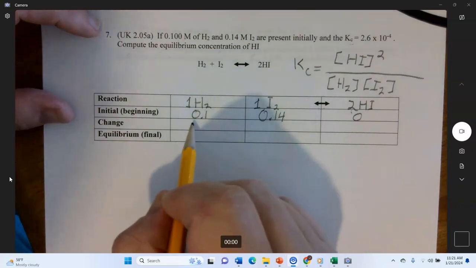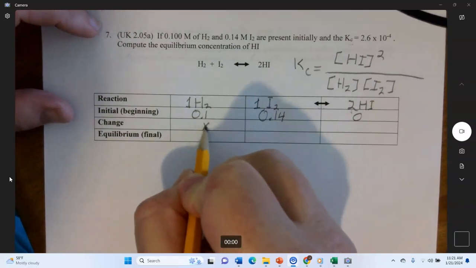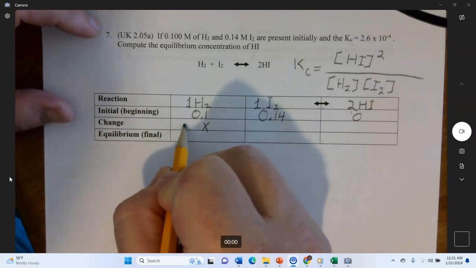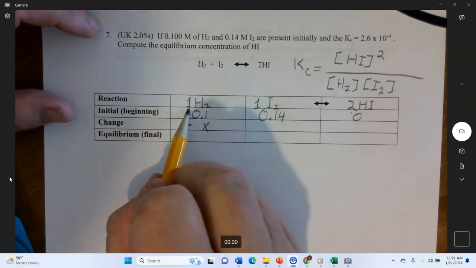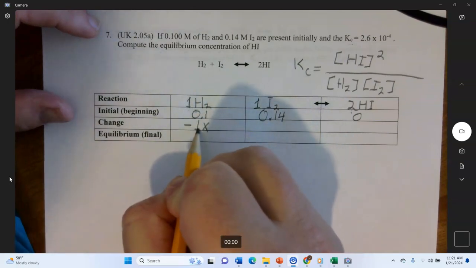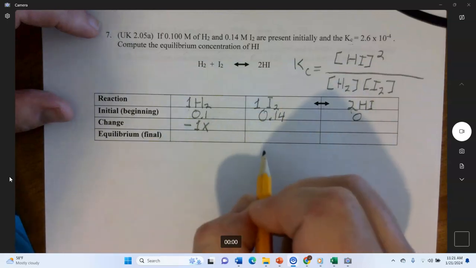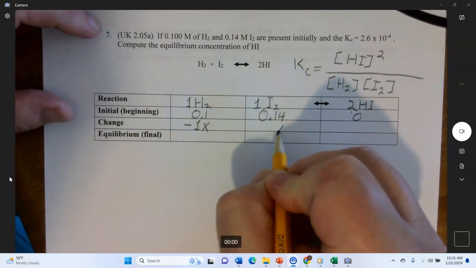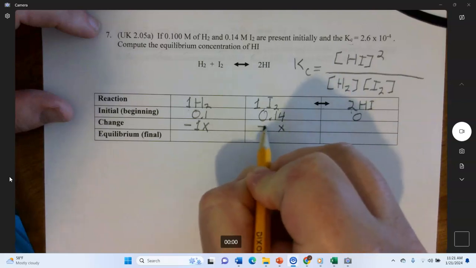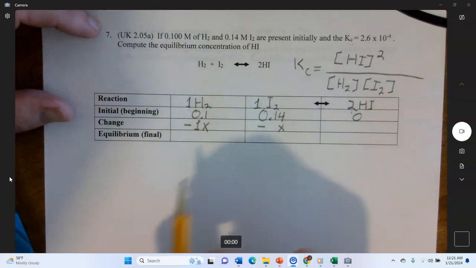Now, this is going to decrease by X. So you put an X, it's decreasing because it's a reactant. You put a minus, and the coefficient is 1 there. I'm going to go ahead and write it here as minus 1x. Here, same thing. It's going to be an X, and it's going to be a minus because it's a reactant on the left side of the arrow.